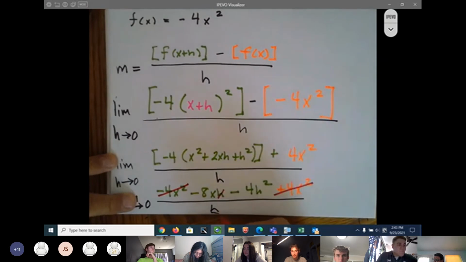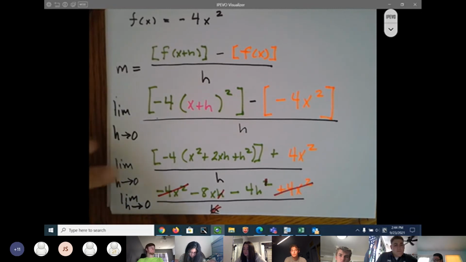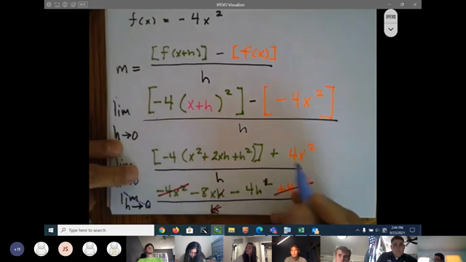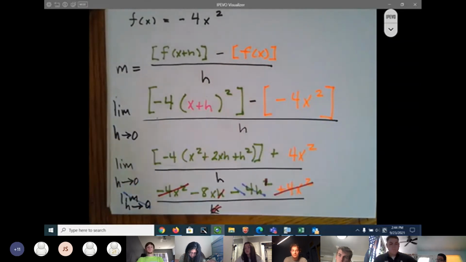That h cancels with that h, and that h goes down to 1 with that h. So that leaves us with negative 8x, the 0 will take that h out. So we're left with negative 8x to the first, and that's our answer.